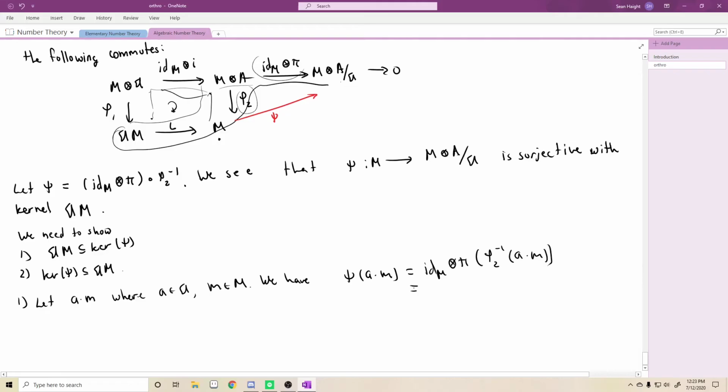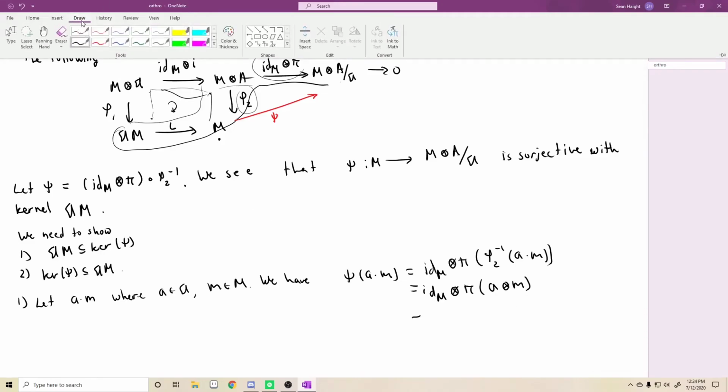Well, varphi2 inverse of a dot m is going to be a tensor m. Okay, so remember that a tensor m maps to a times m under varphi2, so going backwards, this thing's got to pull back to a tensor m. Okay, so this is going to be, I've somehow swapped my factors here.